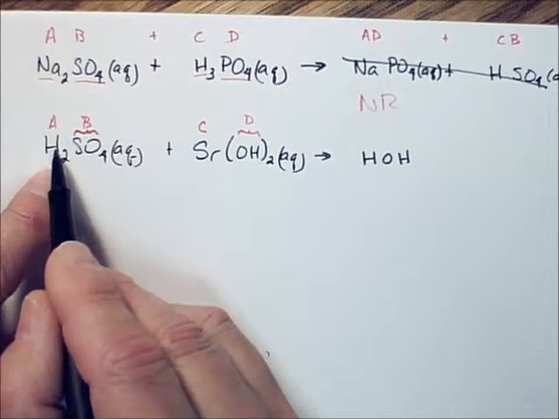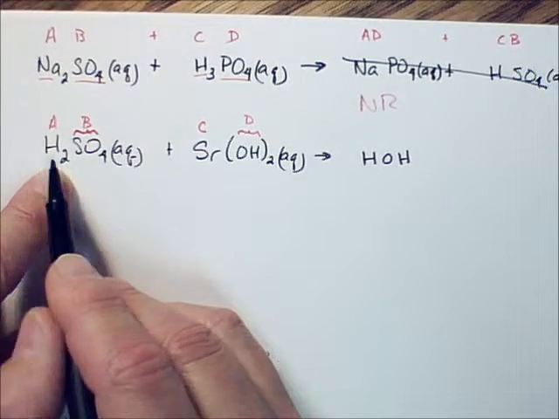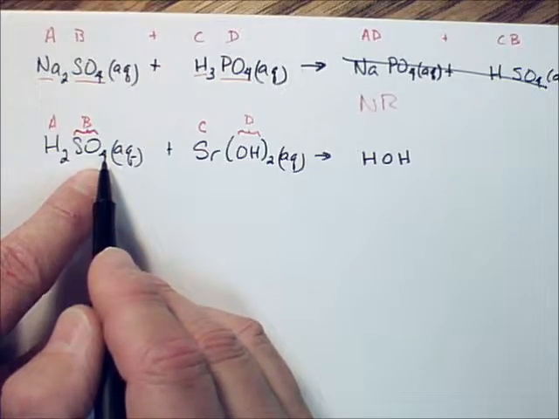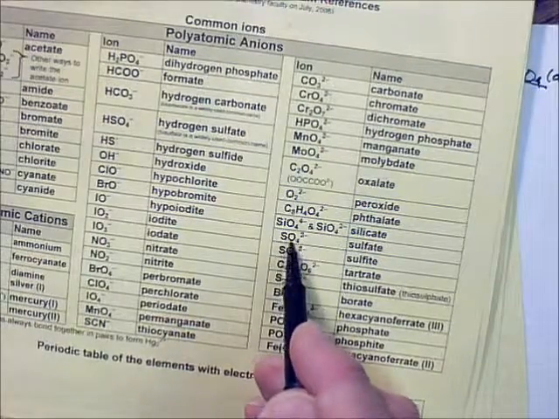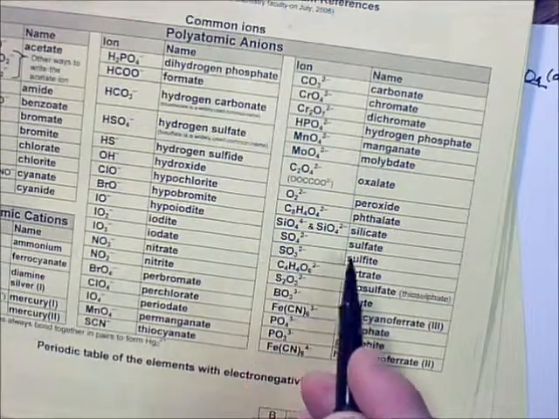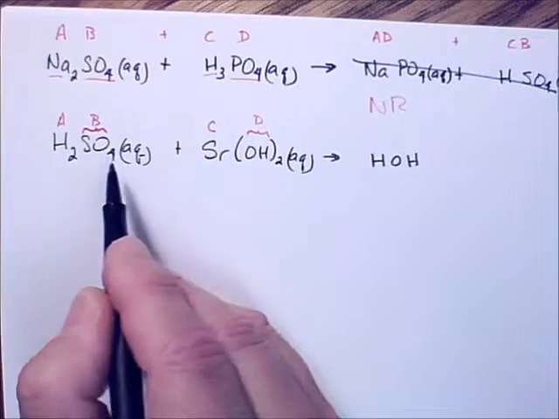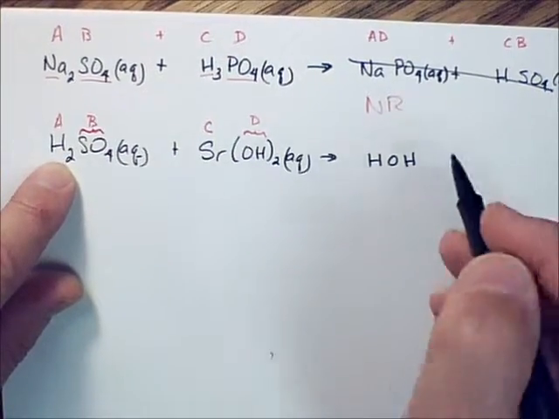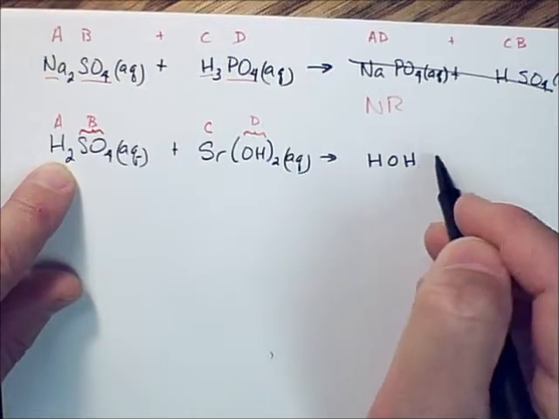This 2 here means I have 2 of these H's. It's not part of a polyatomic ion. On the other hand, this 4 is part of the sulfate ion. If you look up sulfate, SO4 is the formula for a sulfate ion. So this subscript does travel, these 2 do not. So we're not going to put any of these subscripts here.